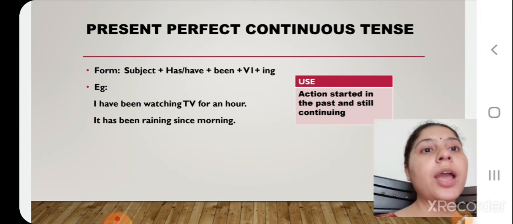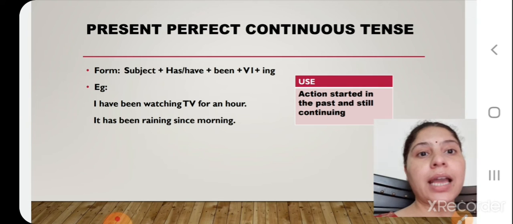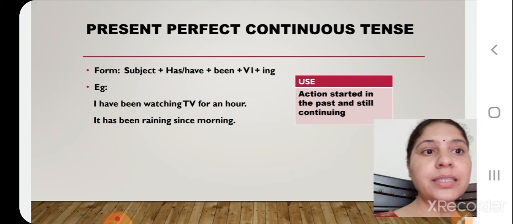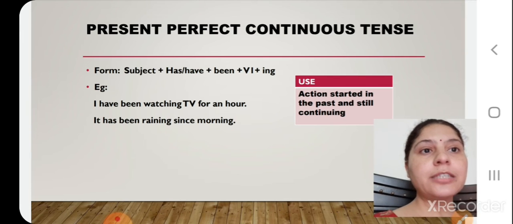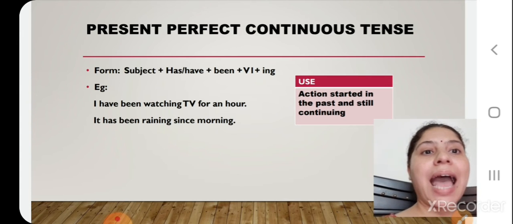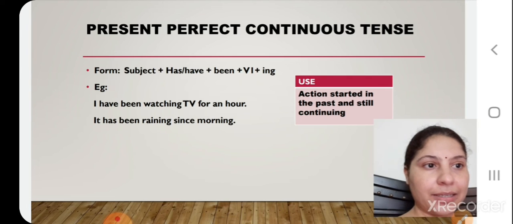This is your present perfect continuous tense. An action that has started in the past and is still continuing is indicated by present perfect continuous tense. And we use has, have plus been plus first form plus ing to indicate this tense.